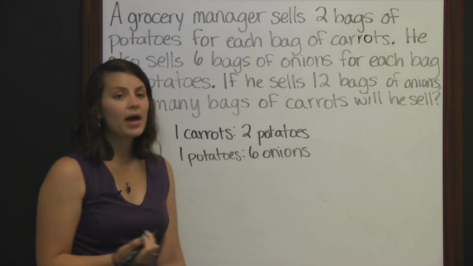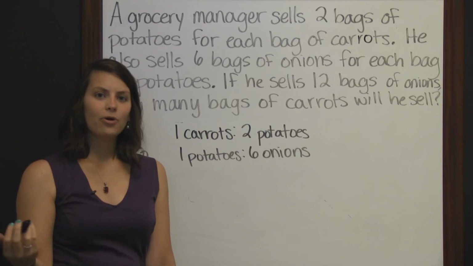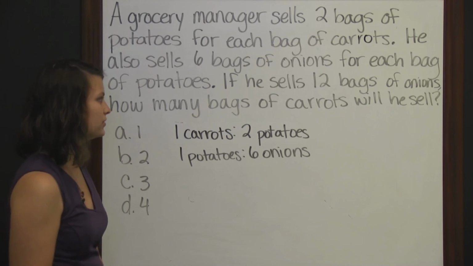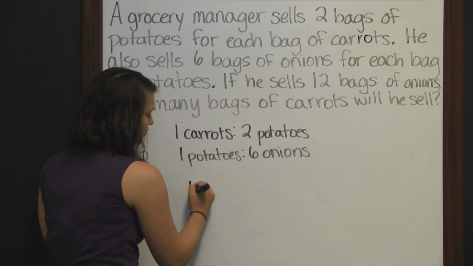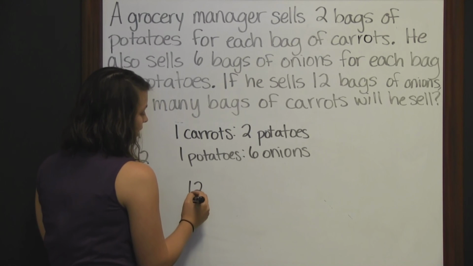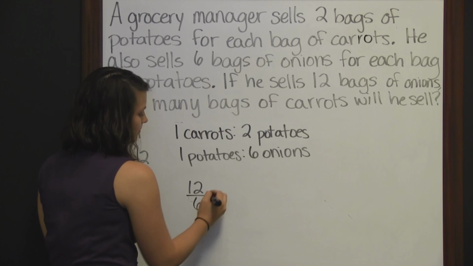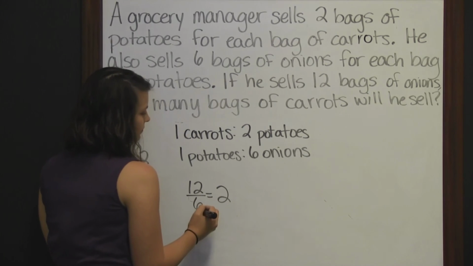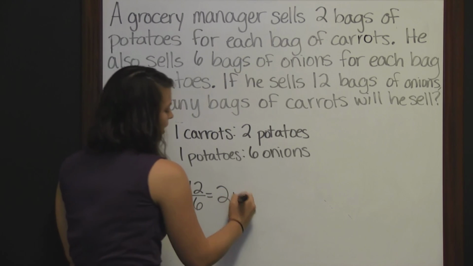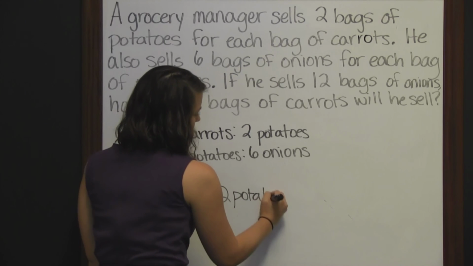So 12 bags of onions would be how many bags of potatoes? So we take 12 and divide that by 6, and we get 2. So that's 2 bags of potatoes.